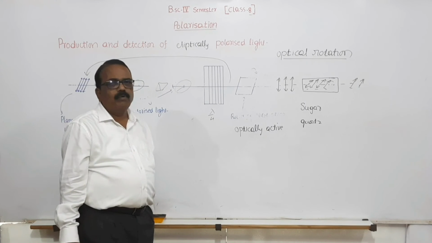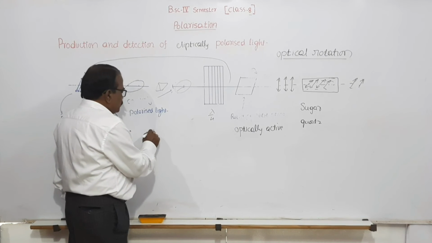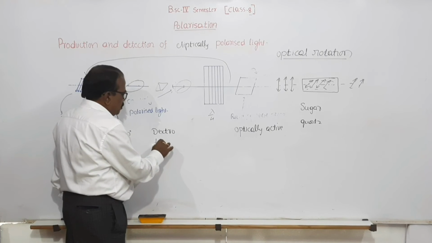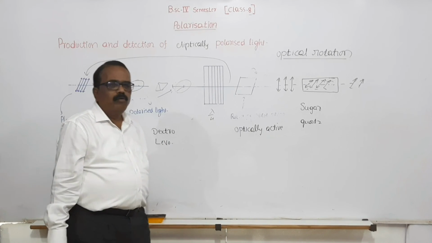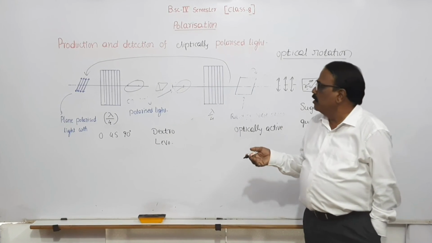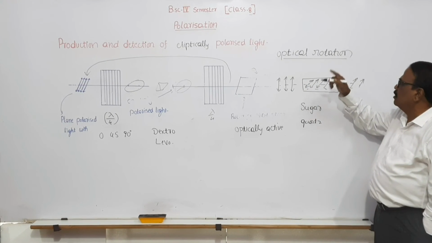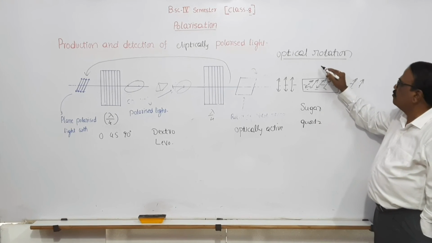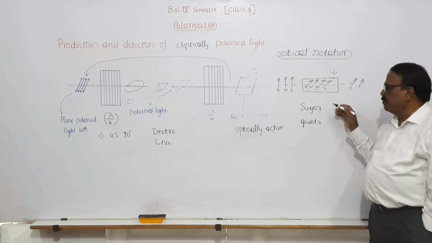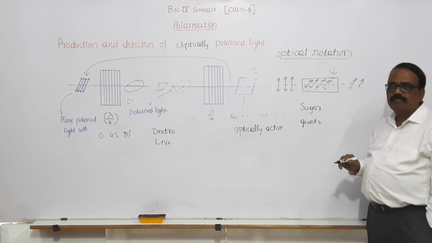There are two types of optically active substance. One is called dextrorotatory substance, and another is called levorotatory substance. If the substance rotates the plane of polarization in the clockwise direction, on the right side, right-handed rotation, such a substance is called dextrorotatory.